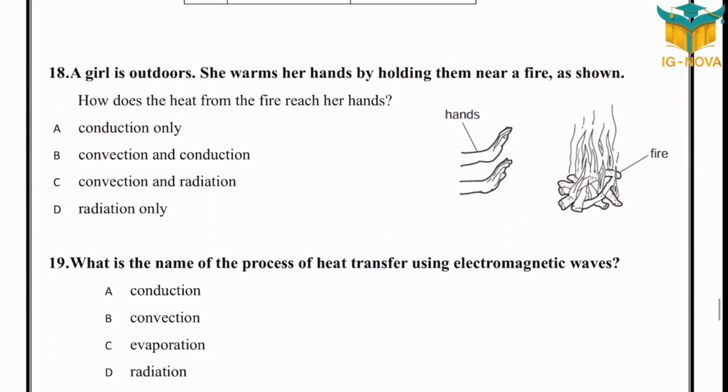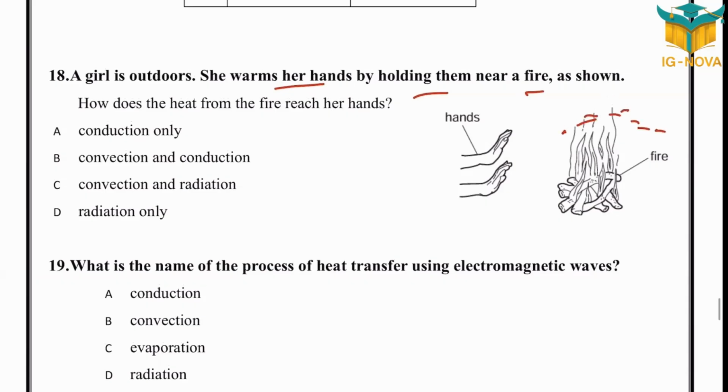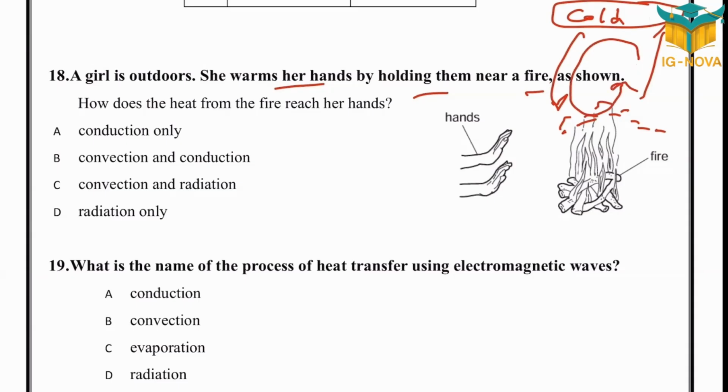Question 18. A girl is outdoors. She warms her hands by holding them near a fire, as shown. How does the heat from the fire reach her? Be careful with this question because it comes many times. We know that hot air, being less dense, moves up, and cold air moves down. Convection current.